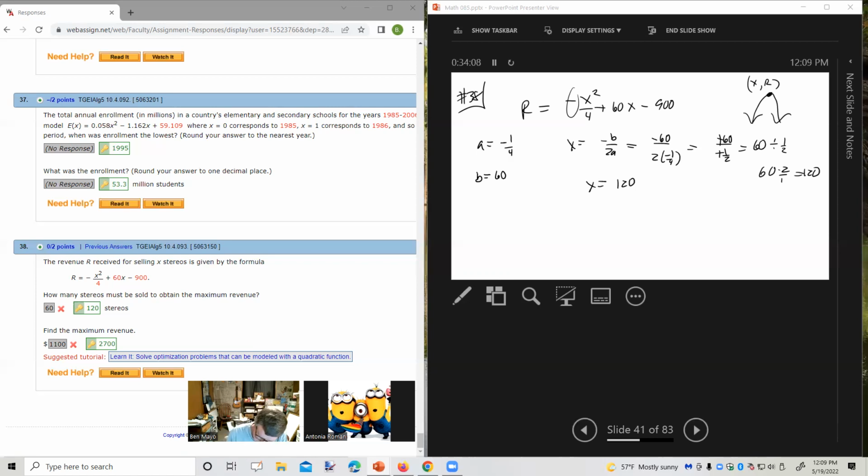And the revenue would be whatever that turns out to be. So we've got negative 120 squared, excuse me, divided by 4 plus 60 times 120 minus 900.